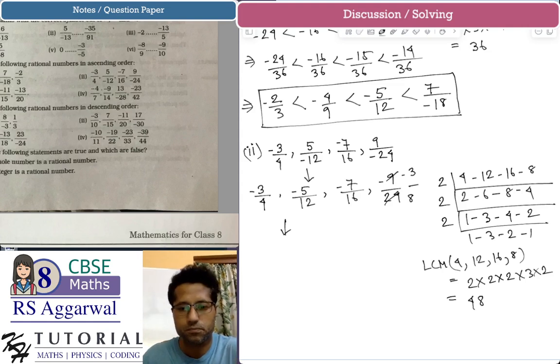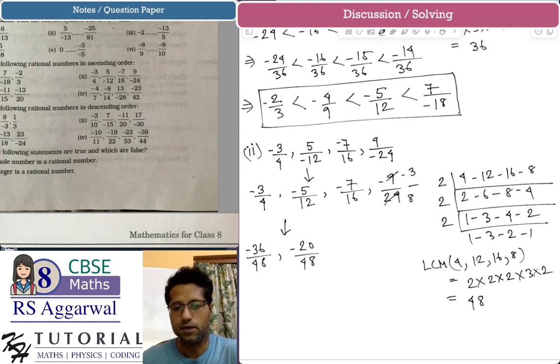Minus 3 by 4, we will have to multiply both the numerator and the denominator with 12. So this becomes minus 36 by 48. Minus 5 by 12, we multiply both the numerator and the denominator with 4. So it becomes minus 20 by 48.